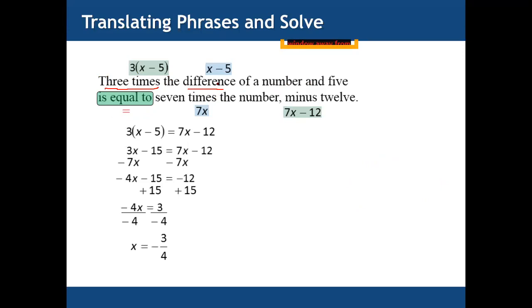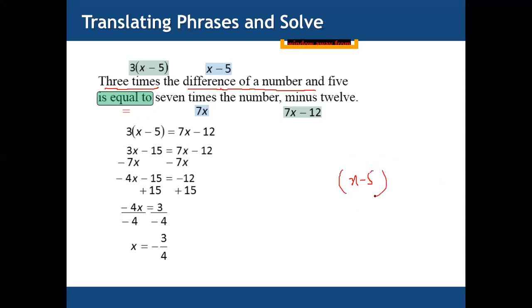First we have the difference of a number and 5, it means x minus 5. 3 times means multiply with 3, is equal to 7 times the number minus 12. 7 times the number means 7x, 7 multiplied with x, minus 12. So 3 times x minus 5 equals 7x minus 12. How can we find the value of x?